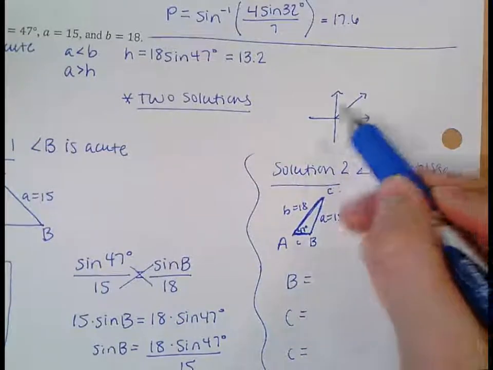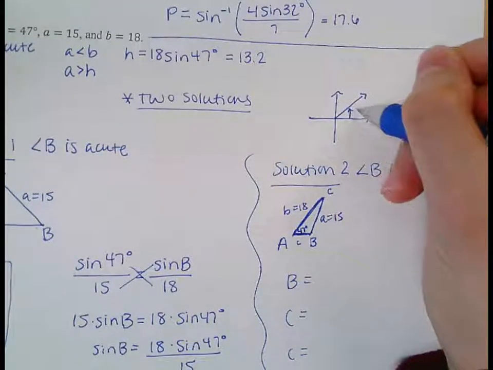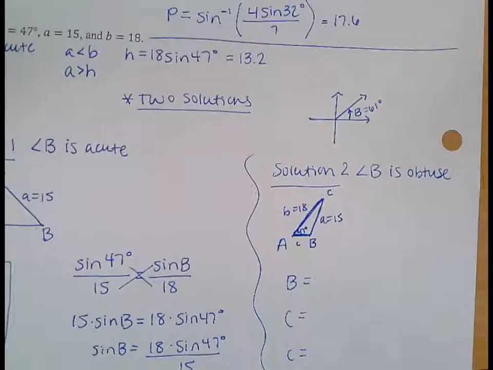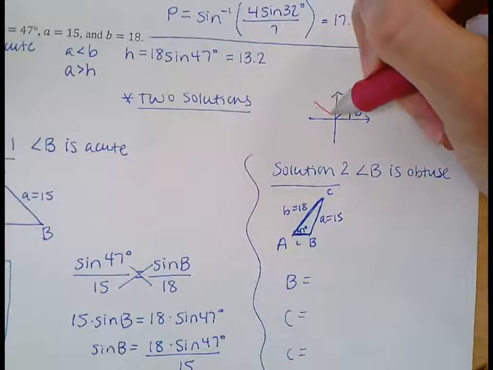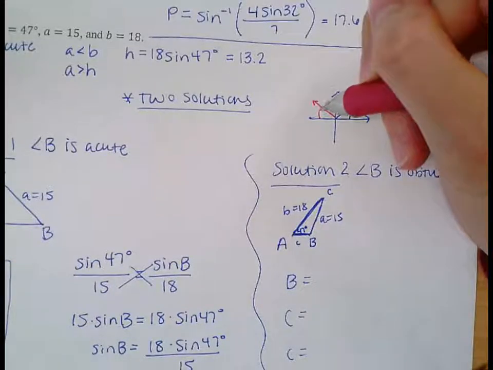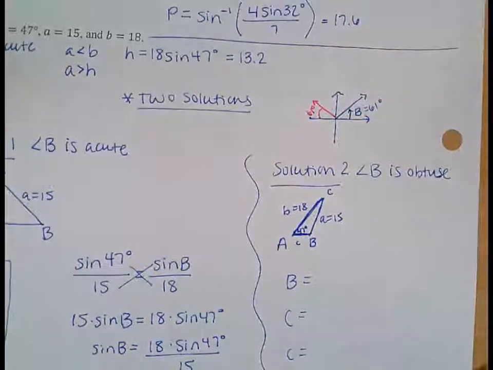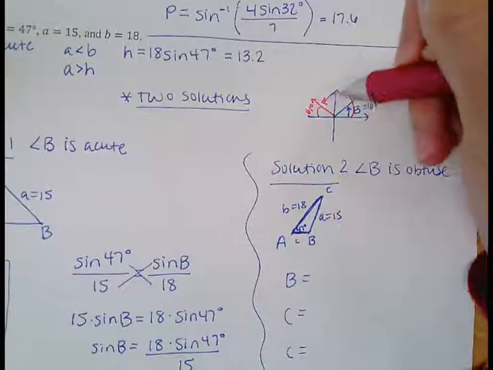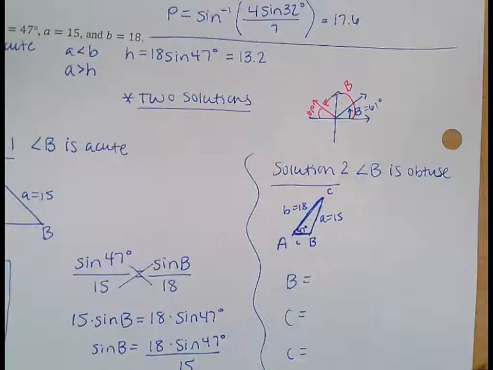And that means, I'm just drawing angles in standard position here, that angle B could be 61, or we could have a situation like this, where the reference angle to angle B is 61, meaning this whole angle would be angle B. So it could also be giving you the reference angle.